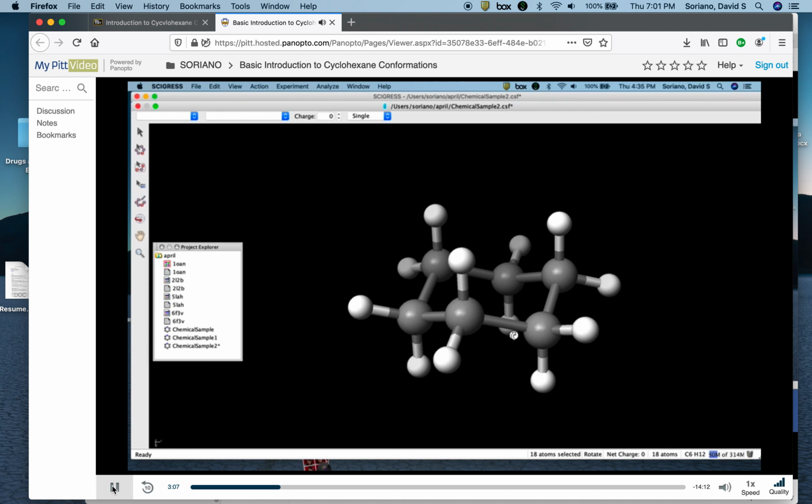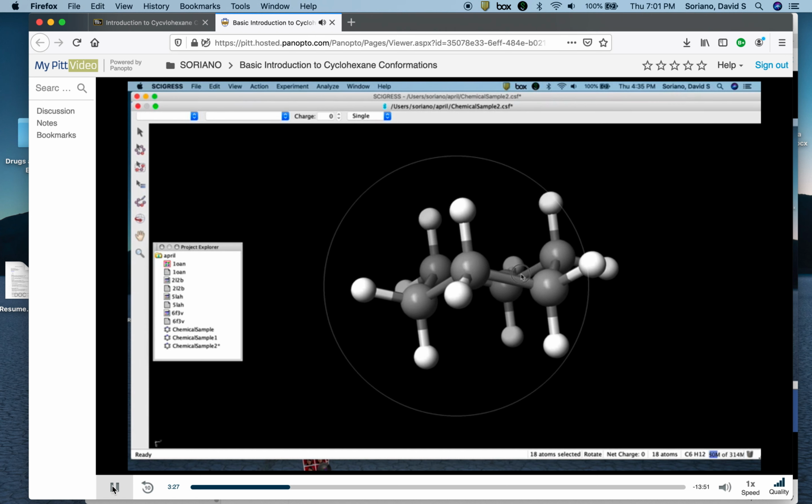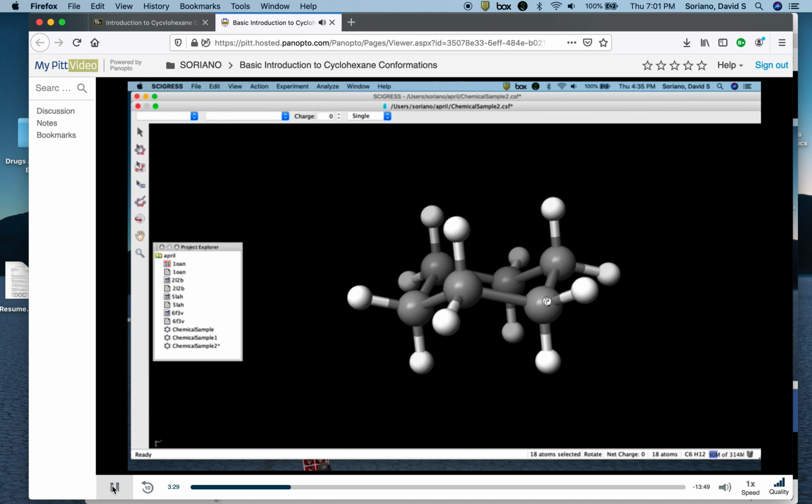You have 6 sp3 hybridized tetrahedral carbons, and in order to give them the best possible environment to be in, we go from a planar six-membered ring to a so-called chair, because it looks like a chaise lounge. But notice, one up, one down, one up, one down, one up, one down.